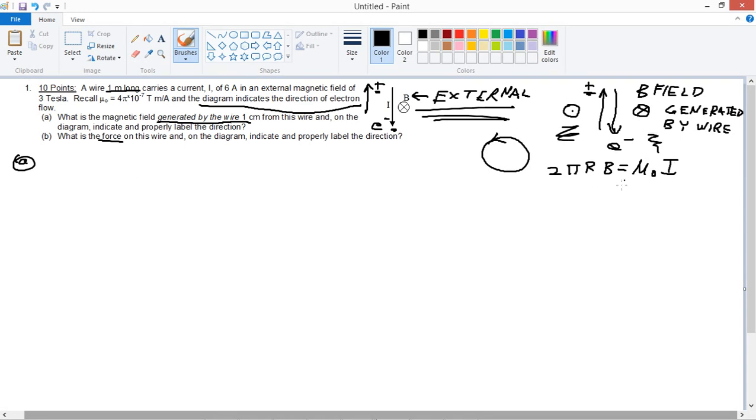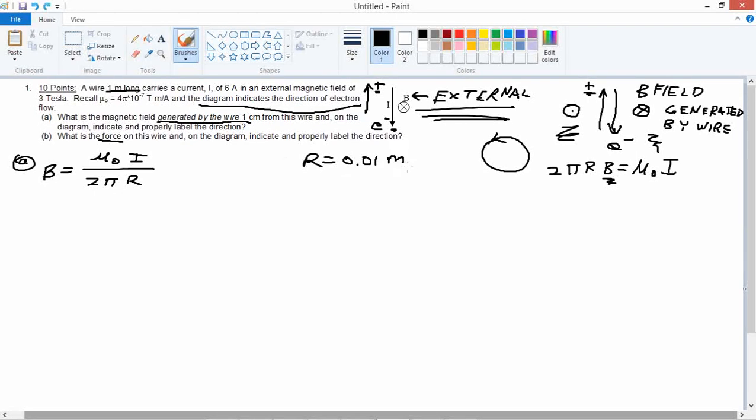We just need to calculate the magnetic field. Remember, R is 1/100th of a meter, not 0.1, but 1/100th of a meter. It's 1 centimeter.